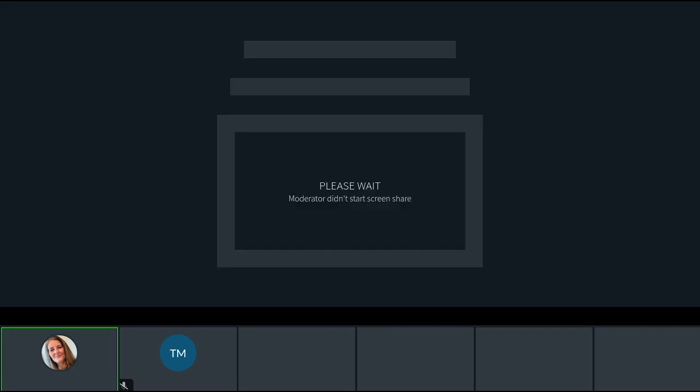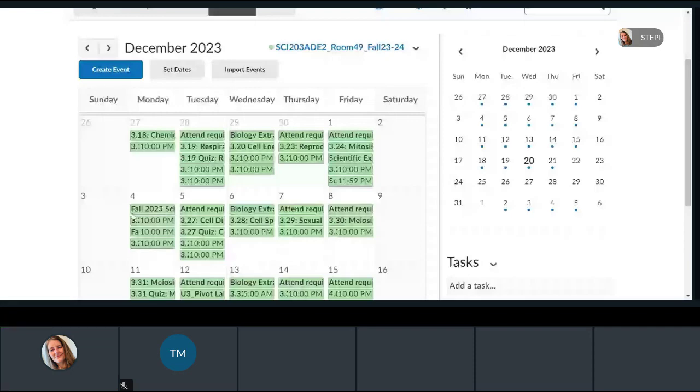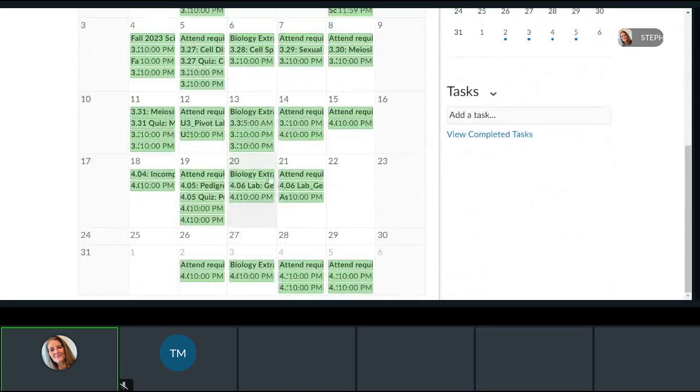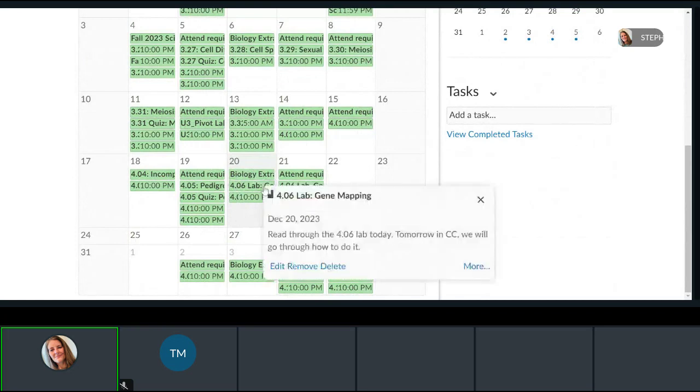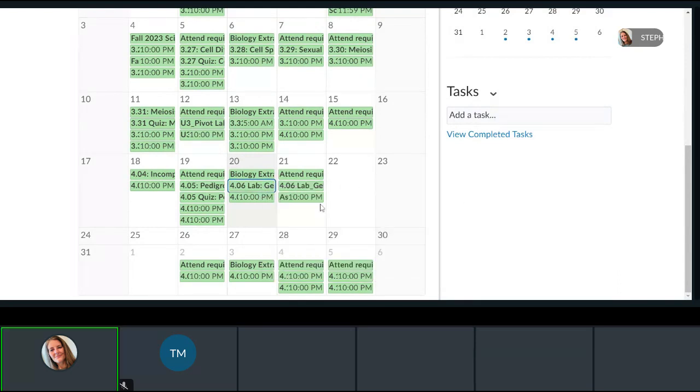Today we are going to work on the lab that is due. We look at the plan right here. We've got the 4.06 genetics lab right here, gene mapping. So we're going to take a look at that. I will put it in the chat. There we go.